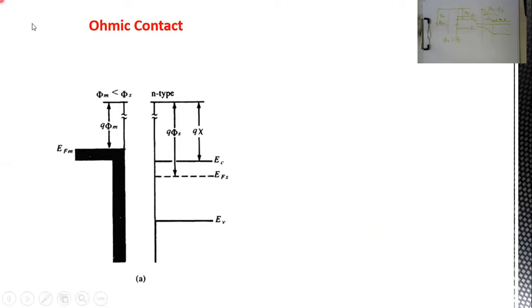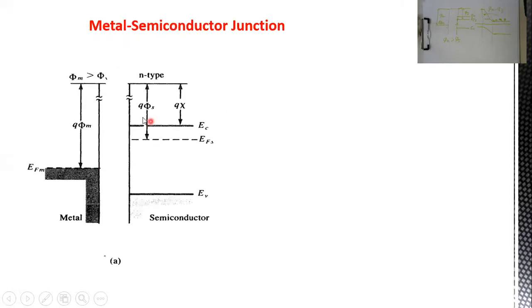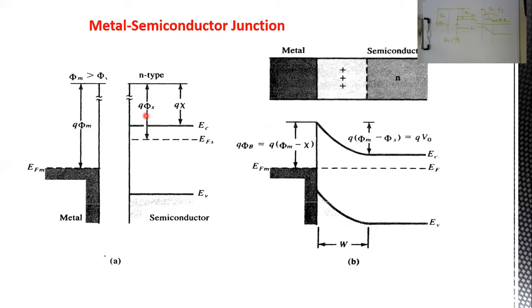As you can see here, phi m is smaller than phi s and the material is n-type. So this is typically like my first case, but with phi m smaller than phi s. This is the only difference between the third case and the first case.